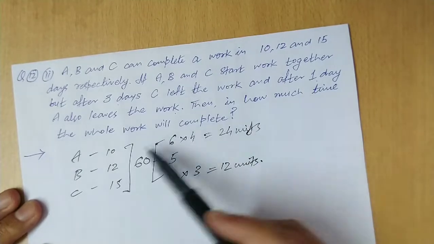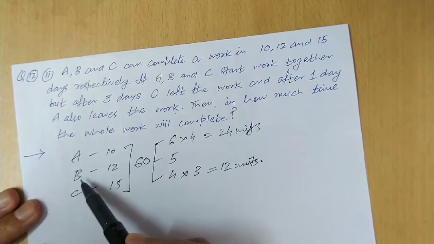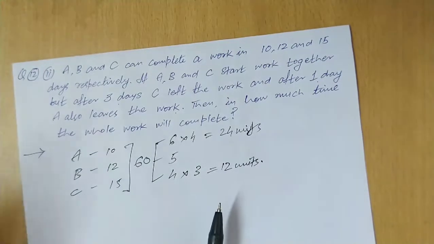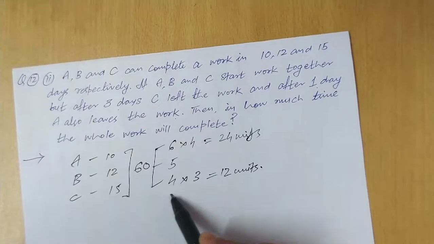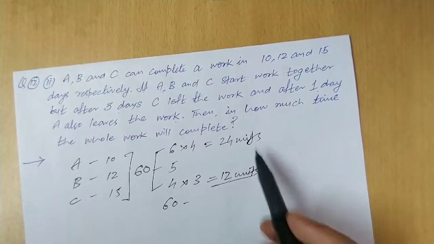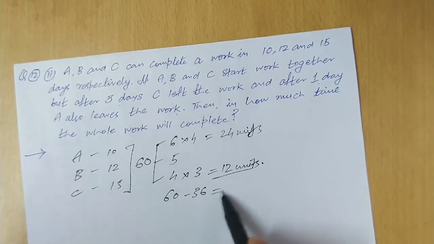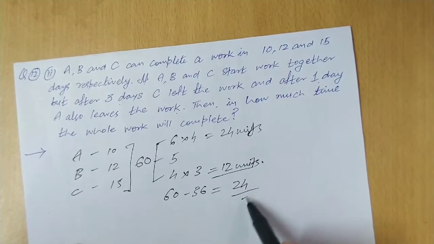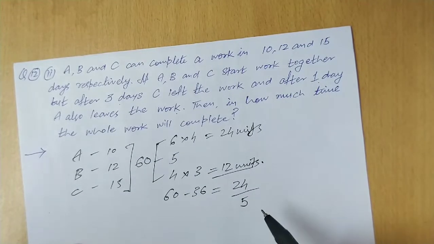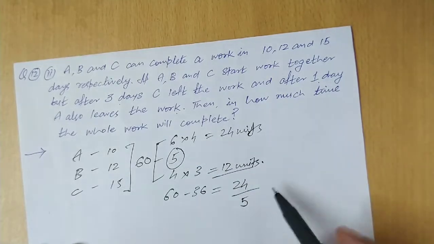And in how much time will the whole work complete? So B starts the work together with A and C, and he remains till the end. Remaining work, which is 60 minus 24 plus 12, is 36. So the remaining work is 24, which is done by B. B's efficiency is 5.